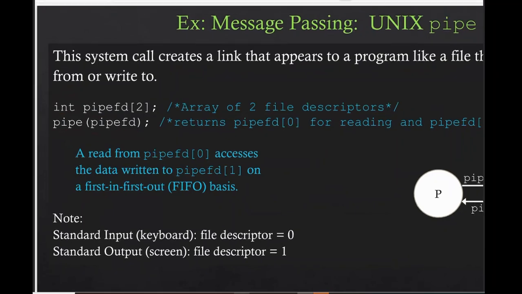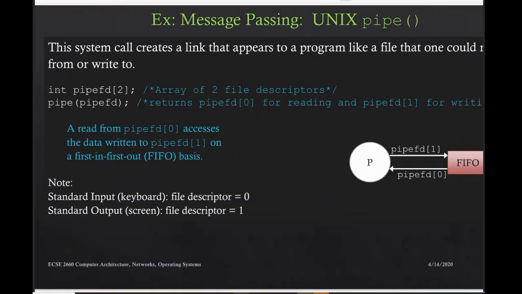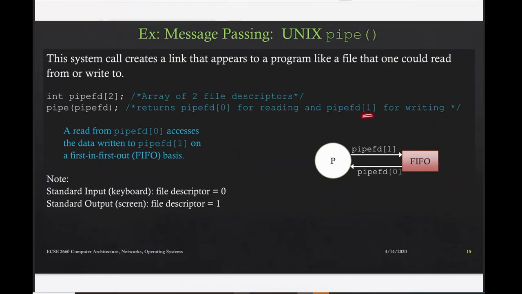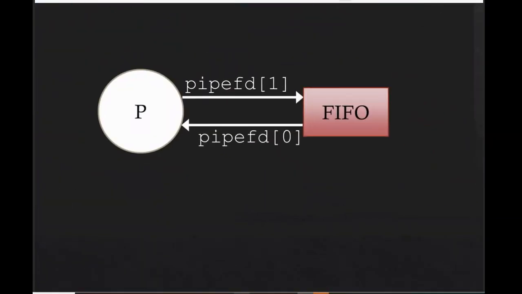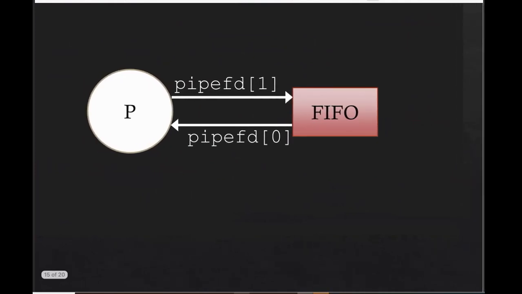Now this is going to return two things: pipe fd0 and pipe fd1. The process in which this is available can use fd0, the zeroth element in that array, for reading, and pipe fd1, element number 1, for writing. And we can take a look at this over here. We have this first in first out pipe buffer.